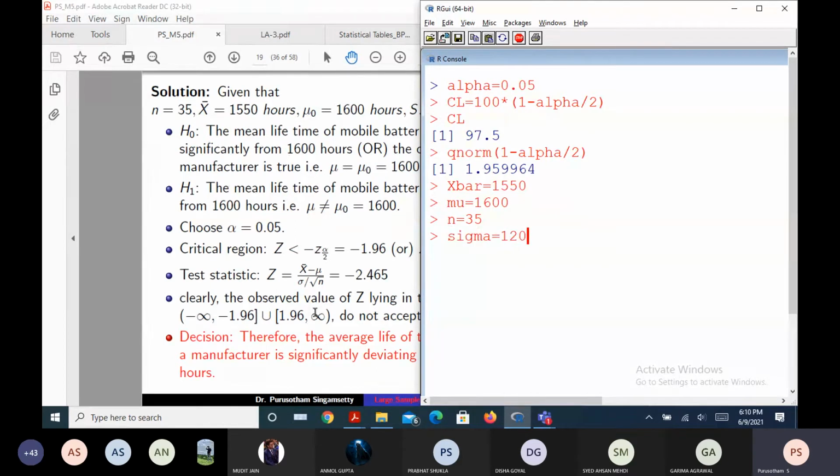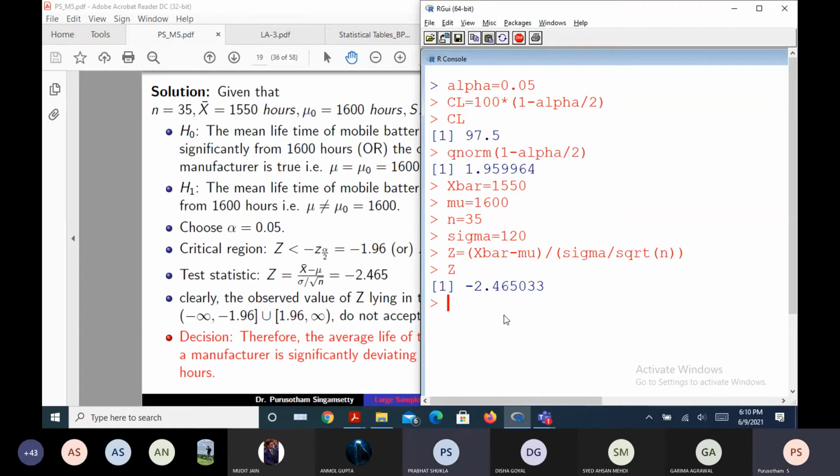Sigma is equal to 120 hours. Now Z is equal to, numerator is x bar minus mu, divided by sigma divided by square root of n. What is the Z value? Minus 2.465. Is it the same?